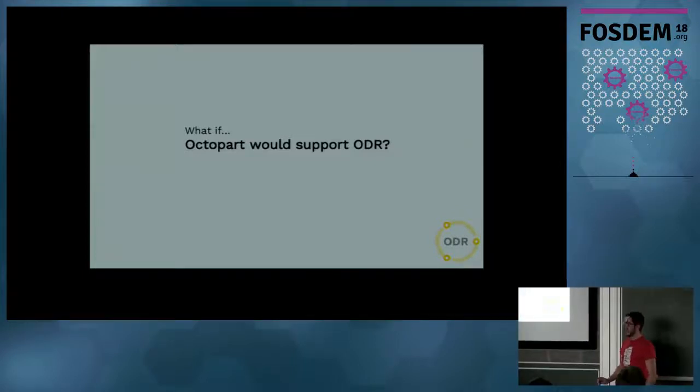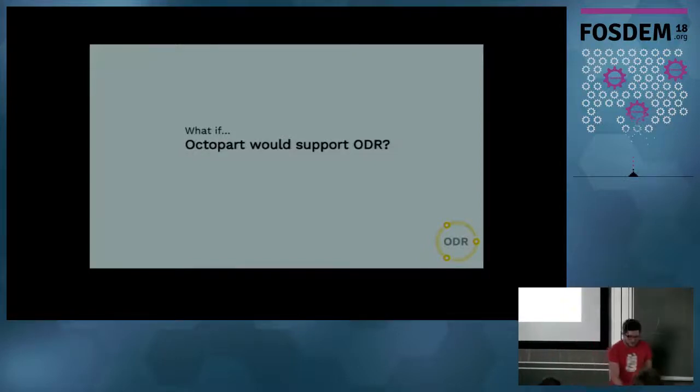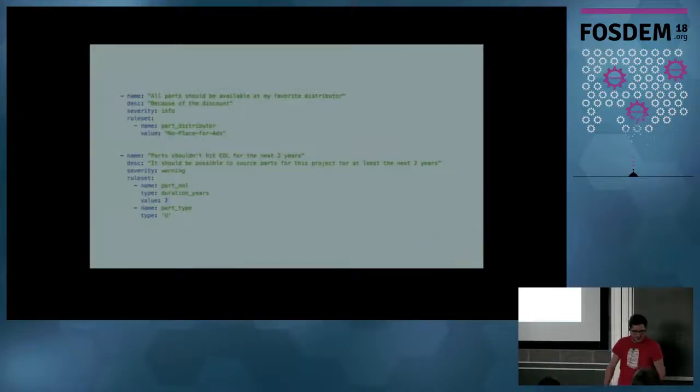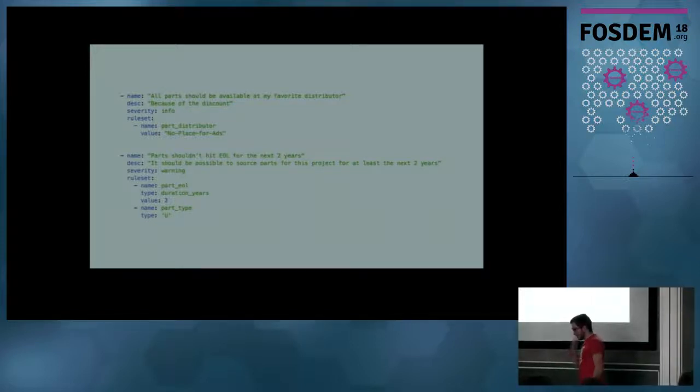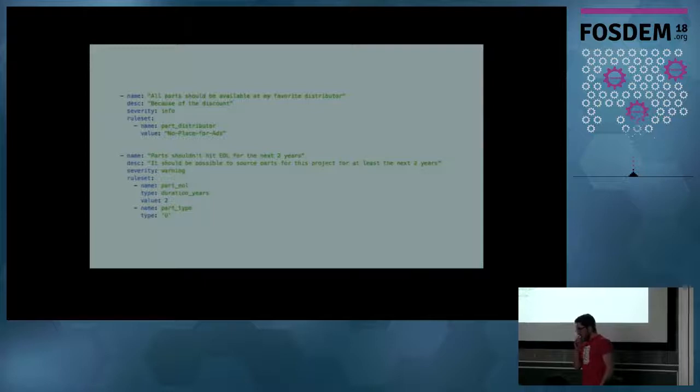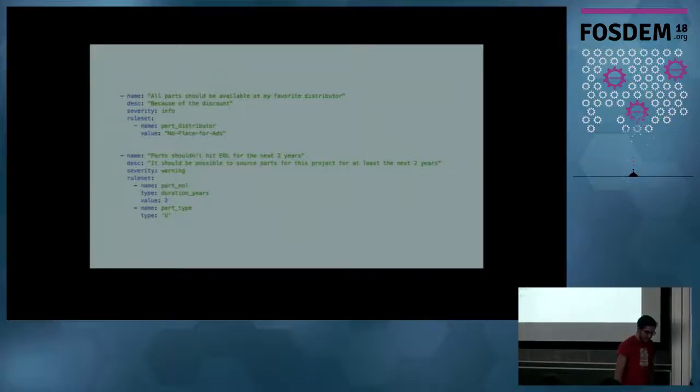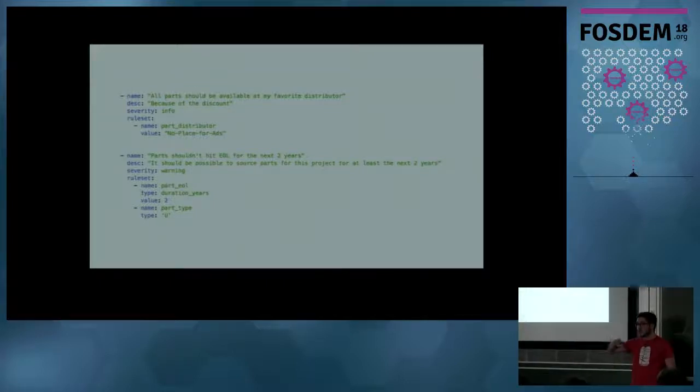So if Octopart would use this format, it could straight away tell us that maybe all the parts should be from a specific distributor, because I have some special discount for this. If one of the distributors would like to sponsor this, I could put the name on the slides next time.